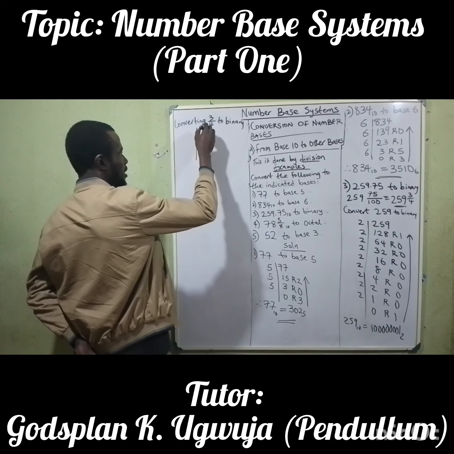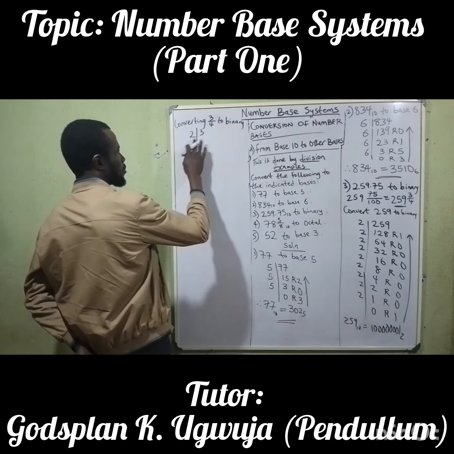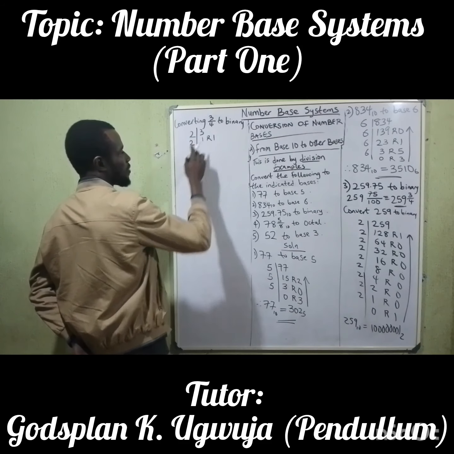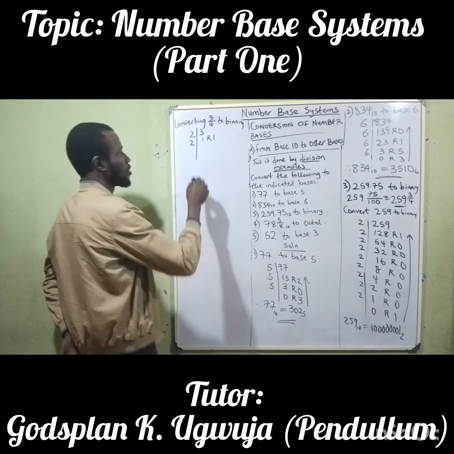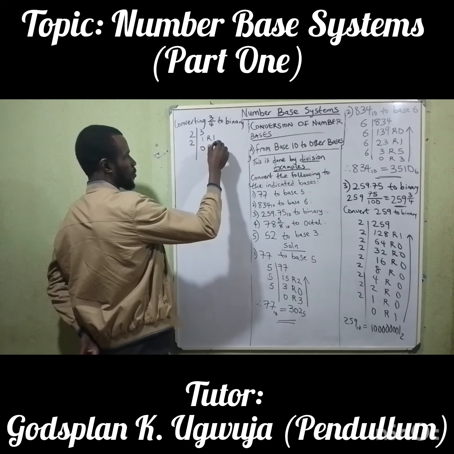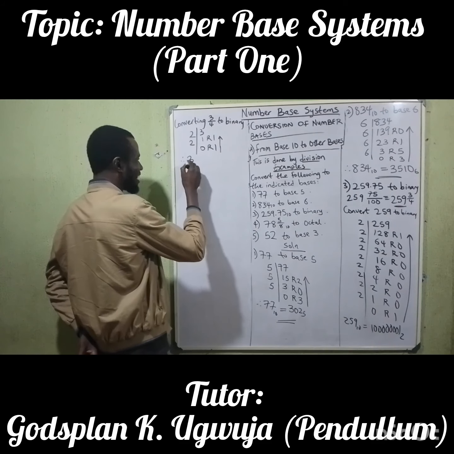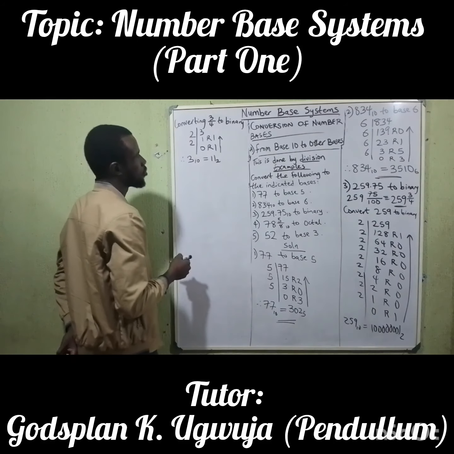To convert 3, we'll divide by 2. Simple. 2 into 3 is 1, remainder 1. Then 2 divide 1, again, you cannot divide it without giving you a fraction. So we have 0, remainder 1. Take it from down to up. This means that 3 in base 10 is 11 in base 2.